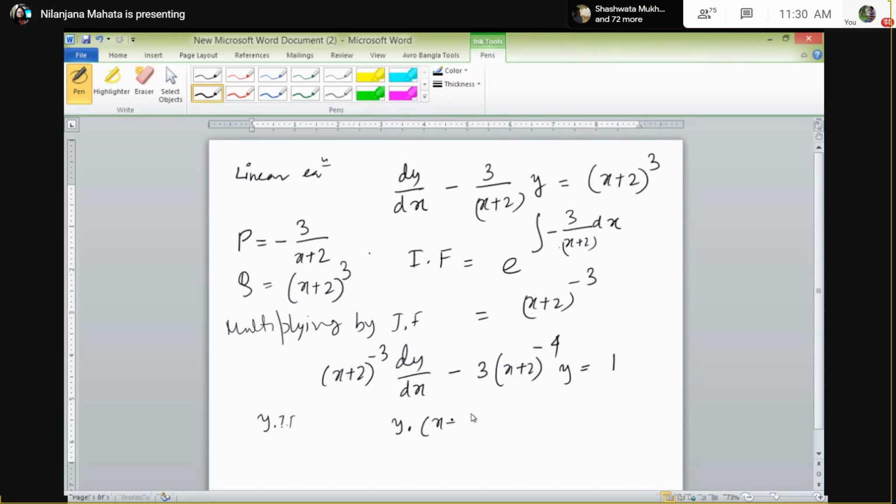To say it differently, your left side will always be d/dx of this, and on your right side I have to multiply.